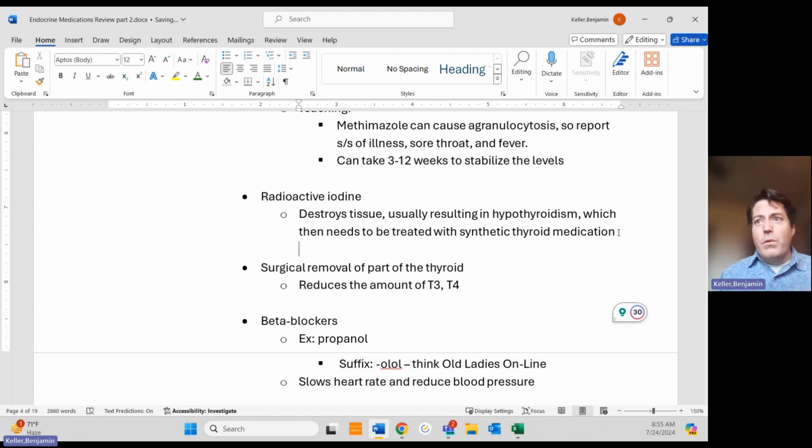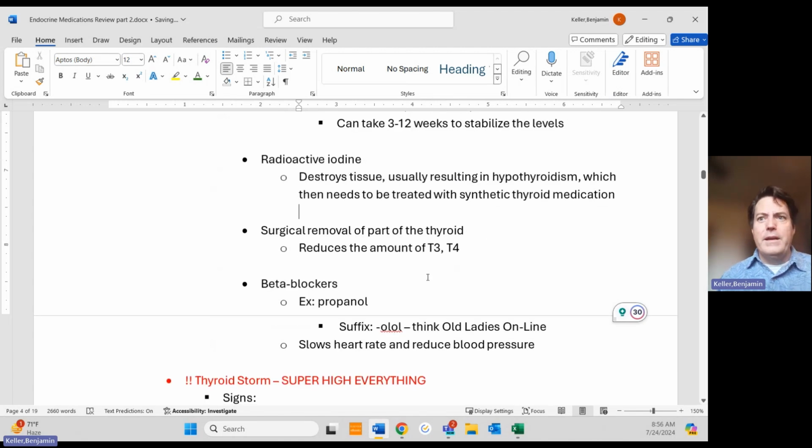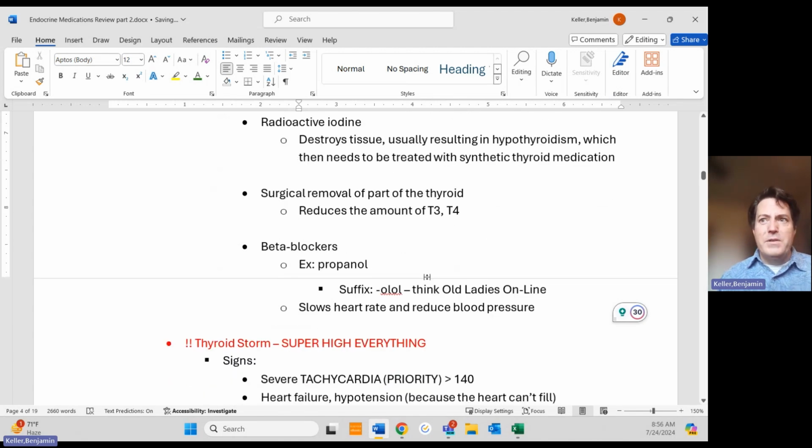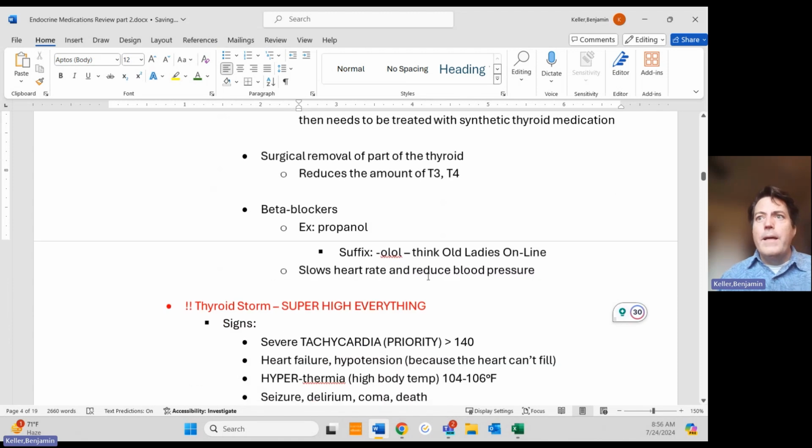Same goes with surgical removal of part of the thyroid. My mom had this done. She was producing too much T3, T4. So they removed half of her thyroid, and then she was able to make a pretty accurate amount that she needed. I think she takes a little bit of levothyroxine, which we'll talk about in just a moment, which is a synthetic thyroid hormone.